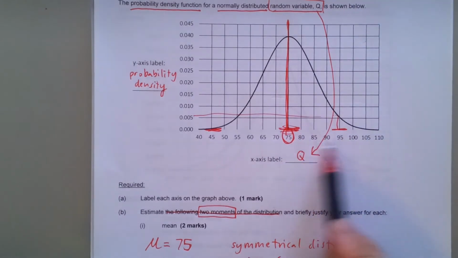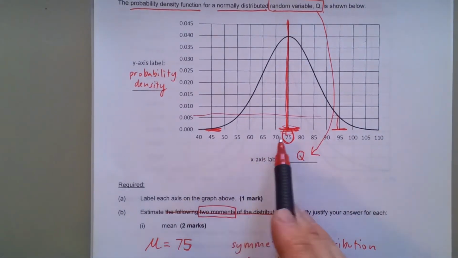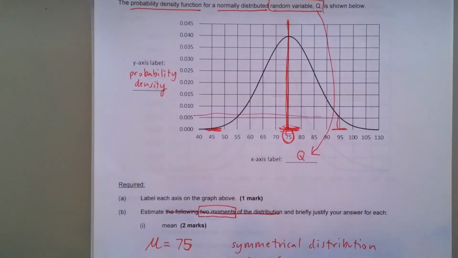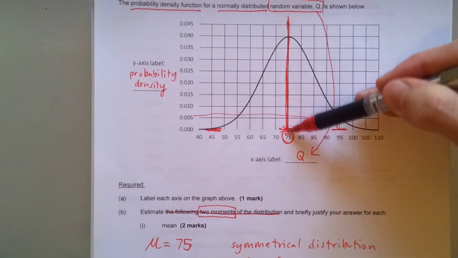So the weighting of the variable on this side is exactly the same as the weighting of the values of the variable on that side, so the mean is smack bang in the middle.